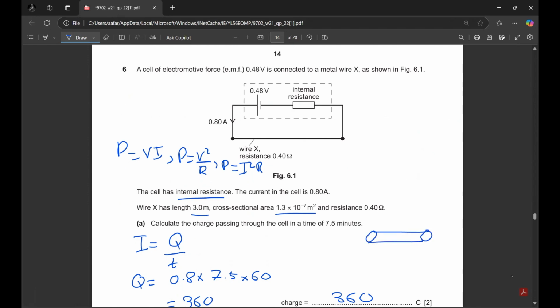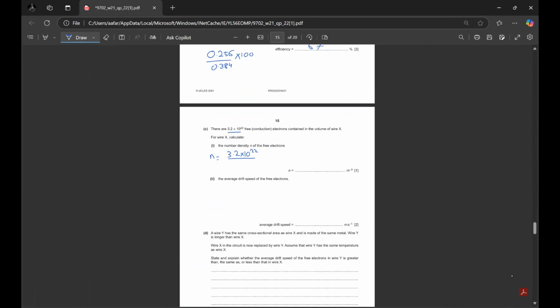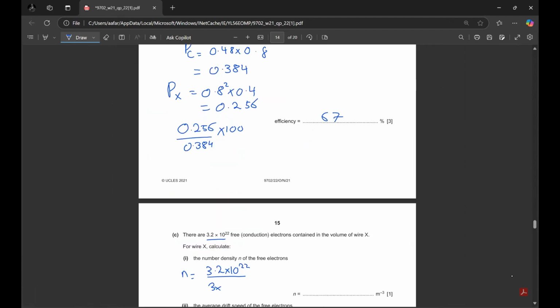Let's take the wire as a cylinder. They've given us the cross-sectional area and the length. So the volume is going to be 3 into the cross-sectional area 1.3 into 10 power negative 7. This gives us 8.2 into 10 power 28.